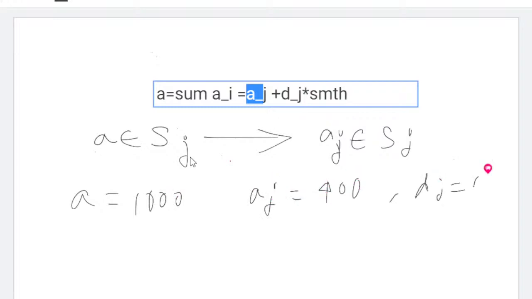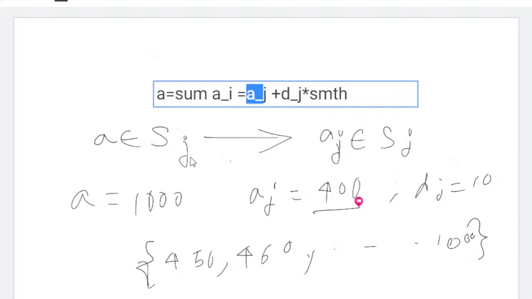How do you know that the partition is not something like 450, 460 up till 1000? I mean, how do you know that 400 is actually covered? What you are basically suggesting is that in the AP, if some X belongs to the AP, it has to be covered. No, it doesn't have to be covered. That's true.